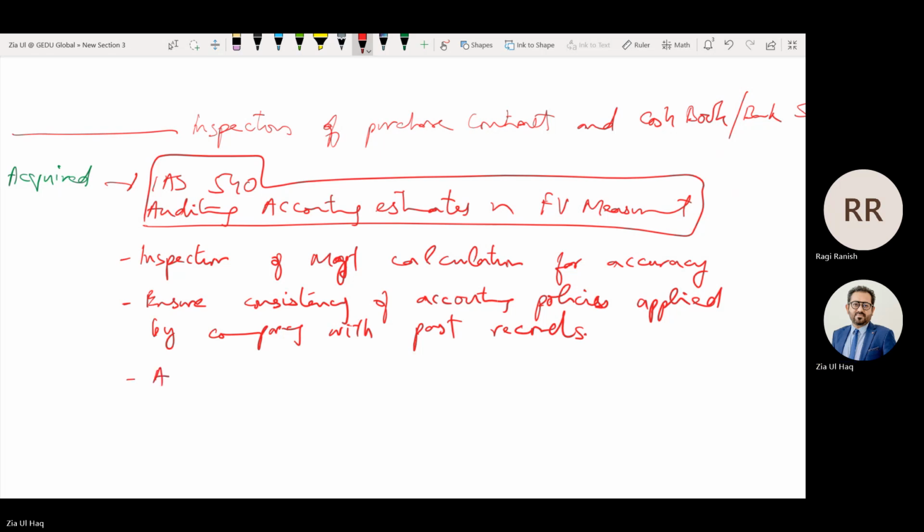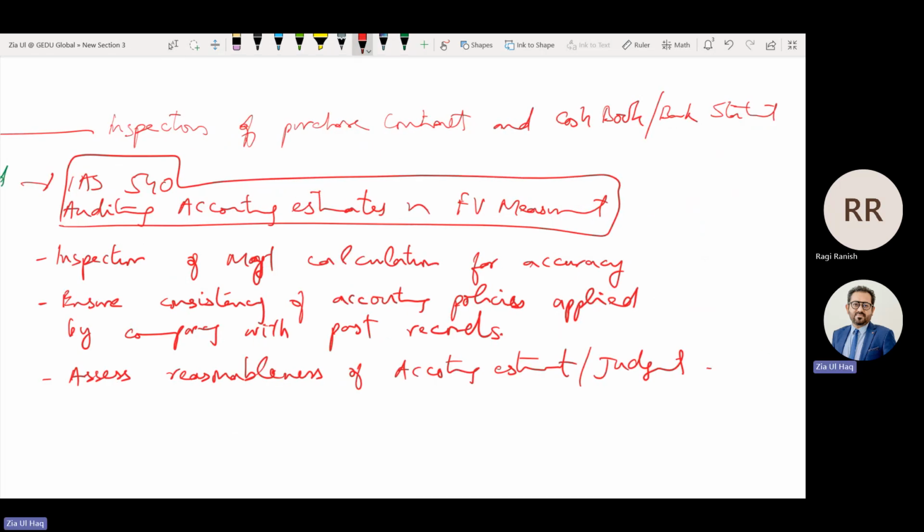Third, assess reasonableness of accounting estimates and judgments made.